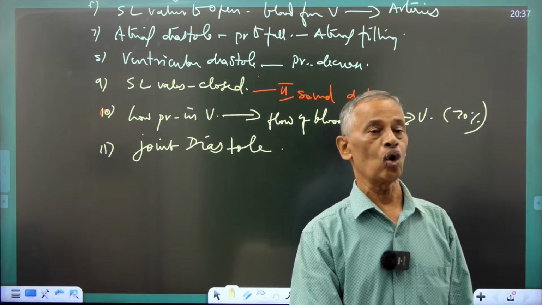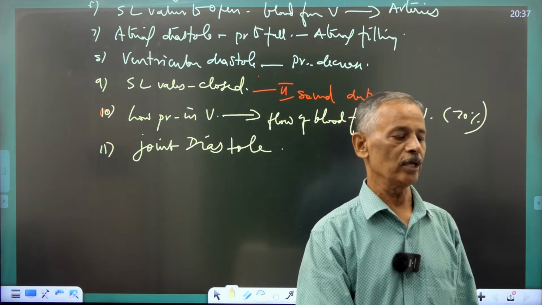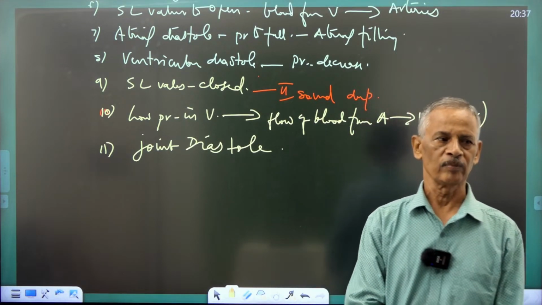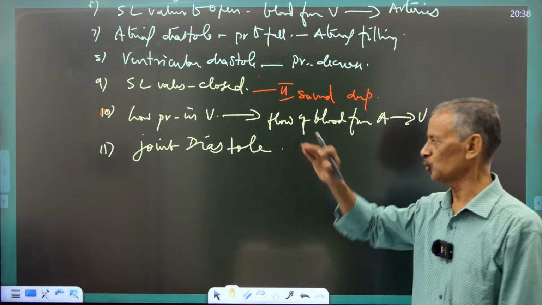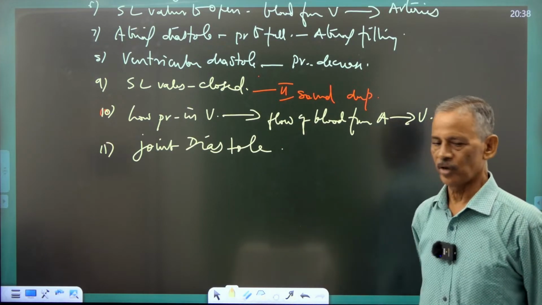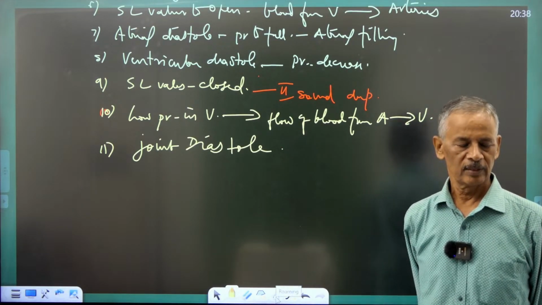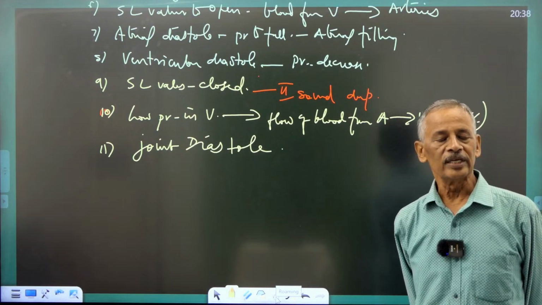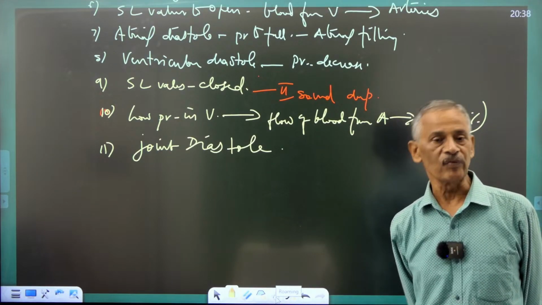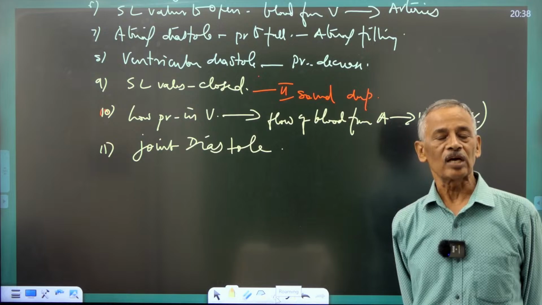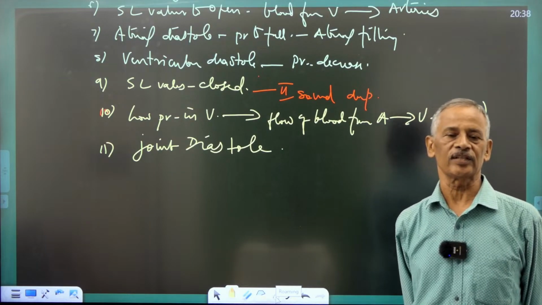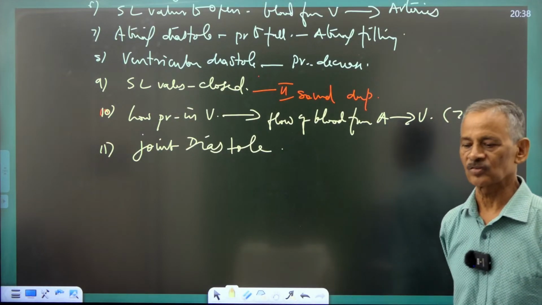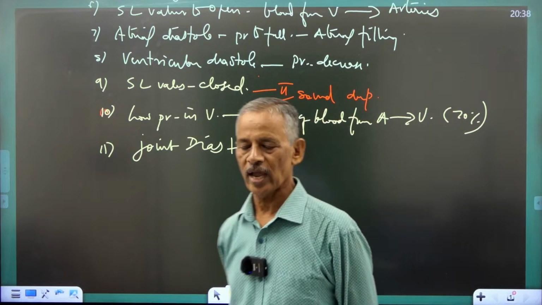Both are not contracted. It is called joint diastole. So from one joint diastole to the next joint diastole we have reached. This is the list of events which occur chronologically one after another during a cardiac cycle. Do you have any doubt?